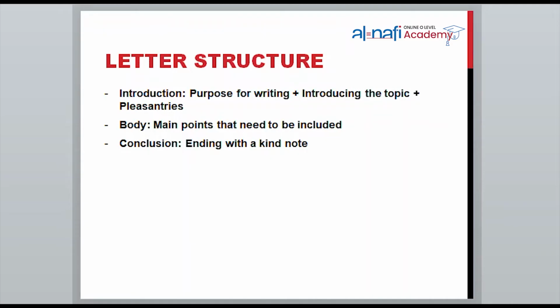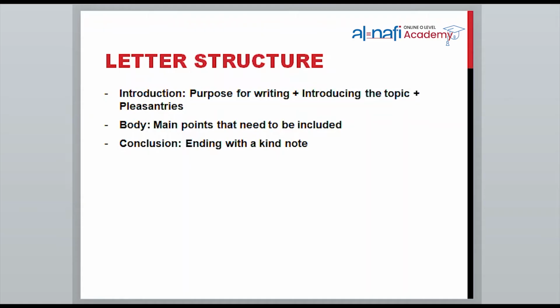Then you introduce the main topic that you're going to write the letter on. You talk about it a bit, and you include some pleasantries in it. In an informal letter, for example, you can ask about the health of your friend or your family member, but you don't do this in a formal letter.